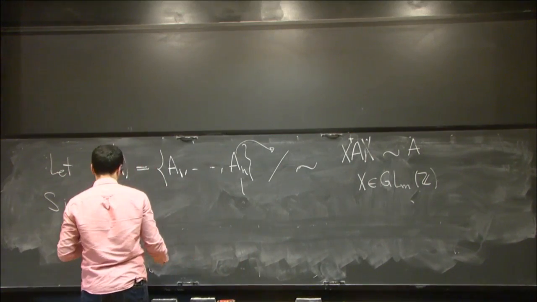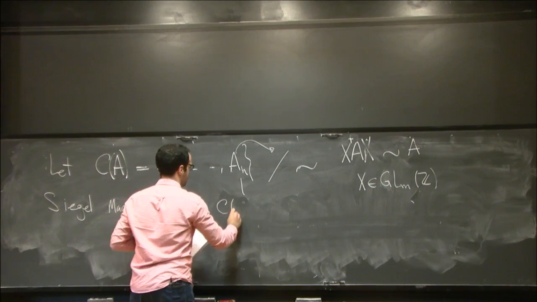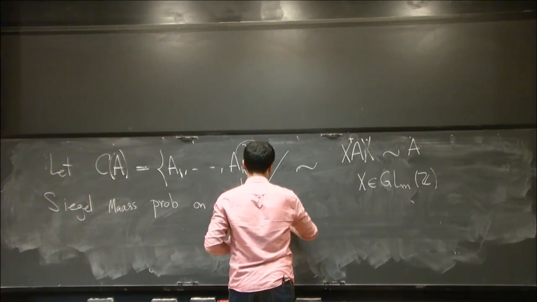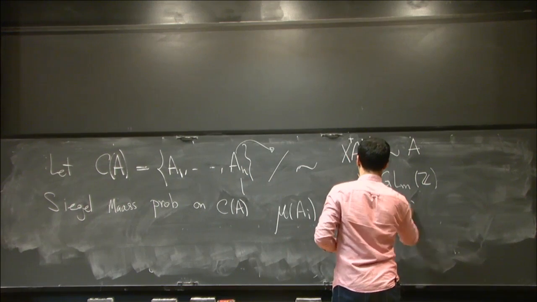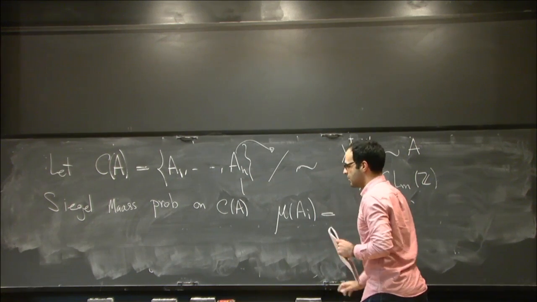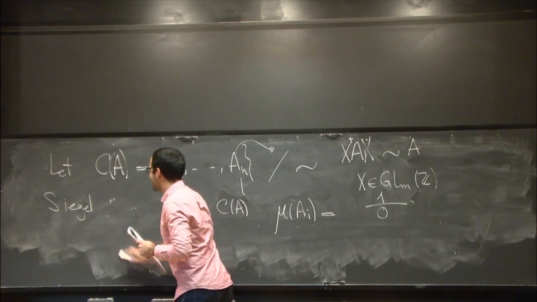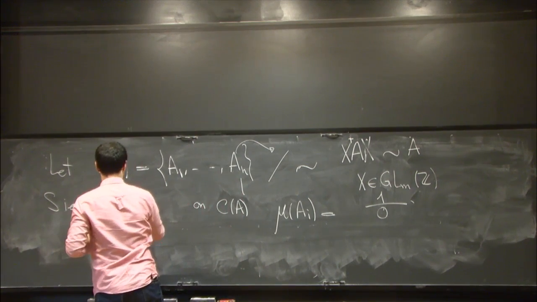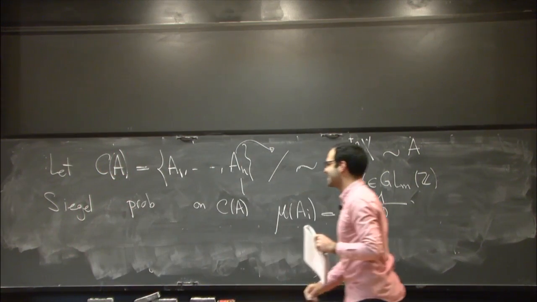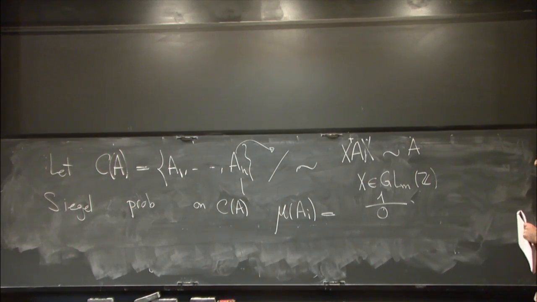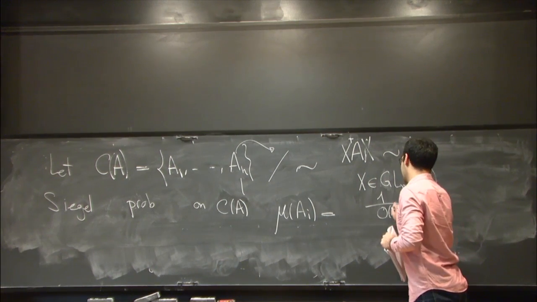So there is a Siegel mass probability measure on the genus class, which is mu of A_i, the Siegel mass. Actually, in German, I think it's weight, not mass.